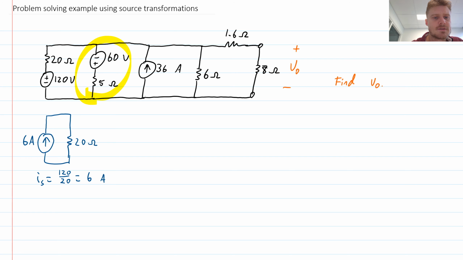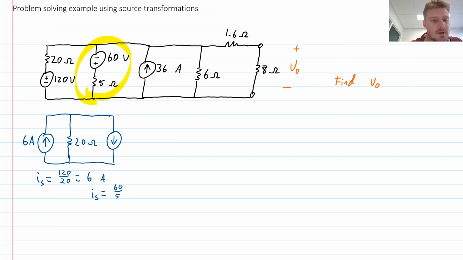I can now do the same type of transformation for this component, although I'll need to be careful about the polarity, because you notice that the plus and minus signs are the other way around, which means that this current source is pushing current down the page, whereas the first one was pushing current up the page. And so the current for this one, IS, is going to be my voltage, which was 60, divided by my resistance, which is 5.